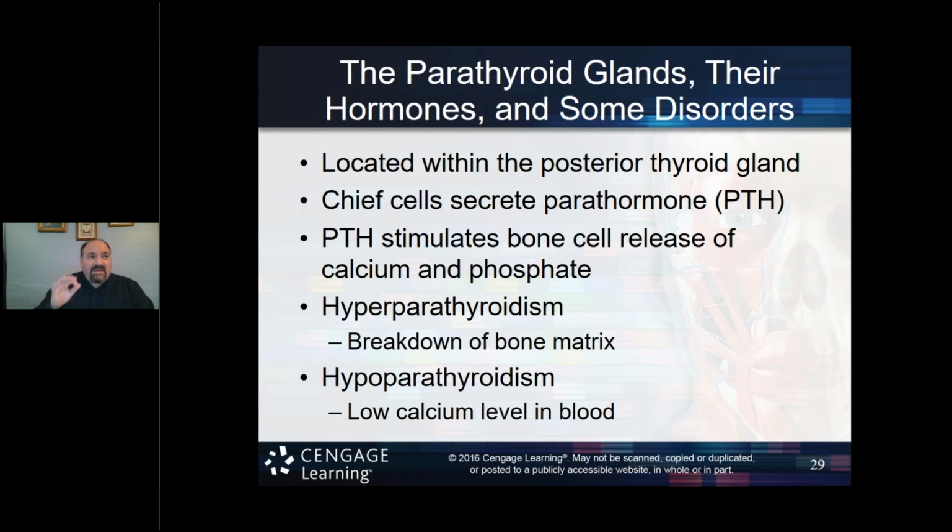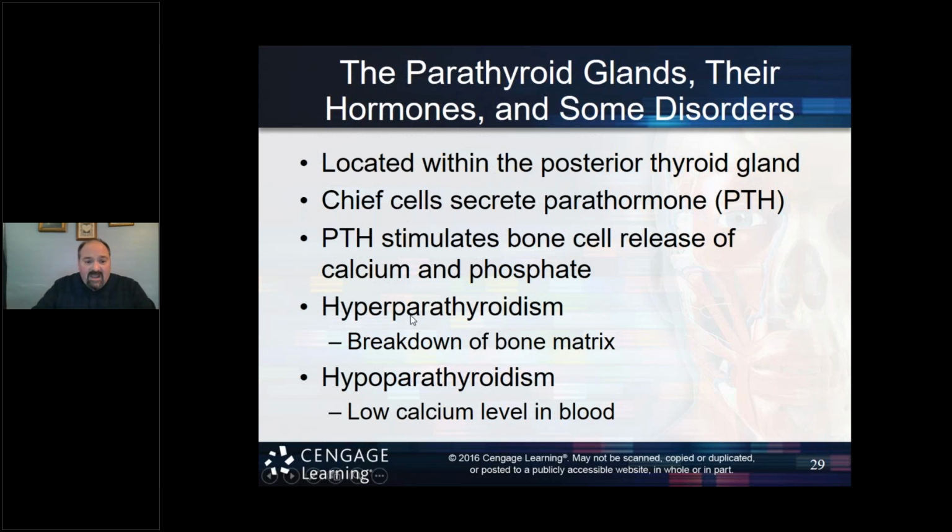And know that between the two, PTH and calcitonin, again, PTH is secreted by the parathyroid glands, calcitonin secreted by the parafollicular cells of the thyroid gland. PTH has more of a stronger effect on blood calcium levels than calcitonin does, okay? And so as far as PTH is concerned, it's helping to increase blood calcium levels.